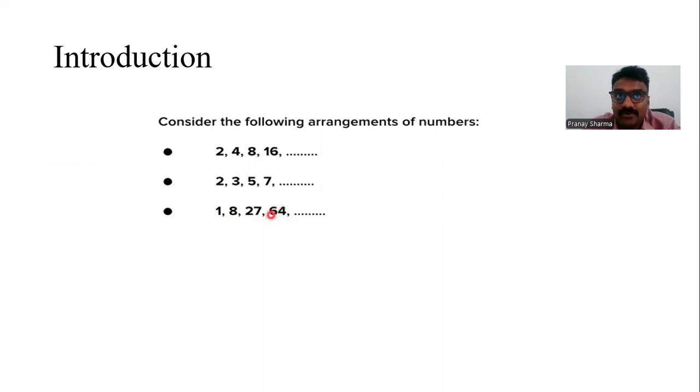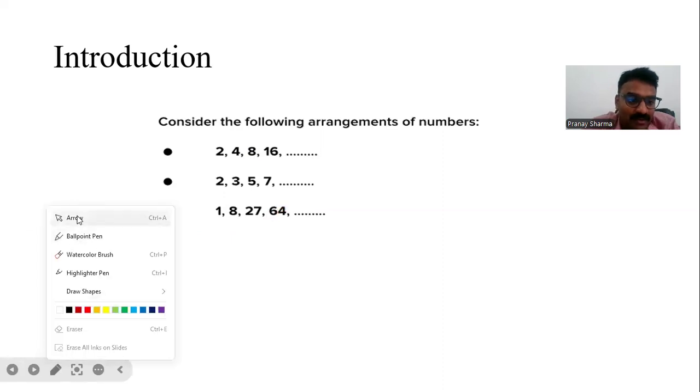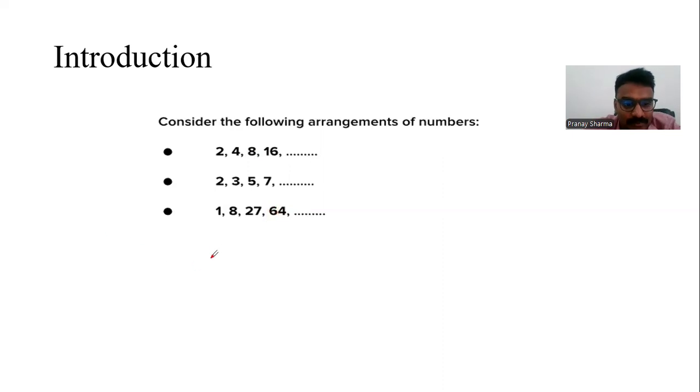That means we should somewhere be thinking of multiplication, because multiplication is nothing but addition, right? So 1, 8, 27, and 64, if you have some clarity of cubes, can I say this first term is 1 cube, the second term is 2 cube.